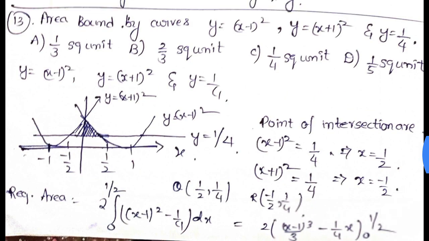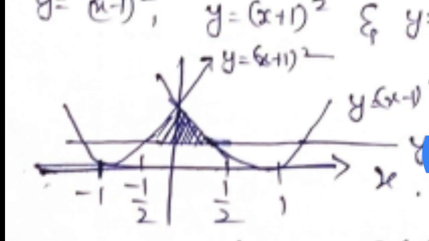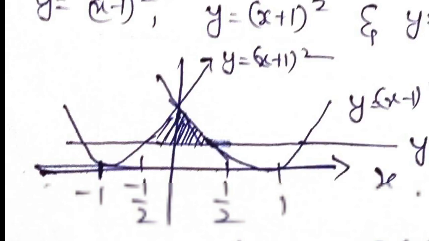Now plotting the curves, y is equal to x minus 1 whole squared and x plus 1 whole squared and y is equal to 1 by 4 on the graph sheet. You can observe there is a common portion, that is a triangle, which is symmetrical on both sides of the number line. Yes, we have got it.